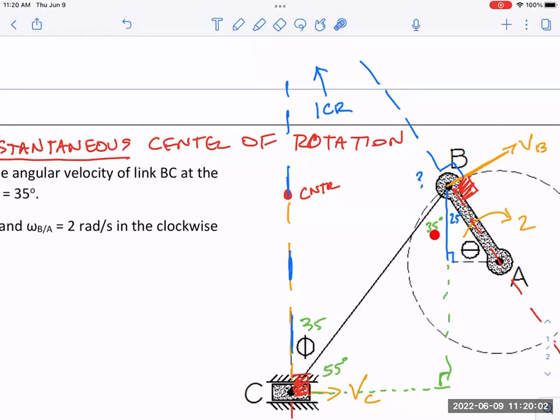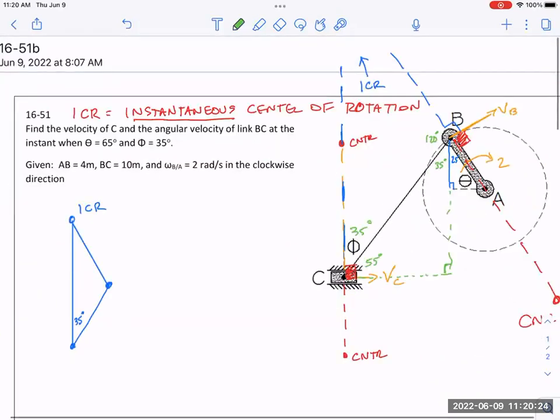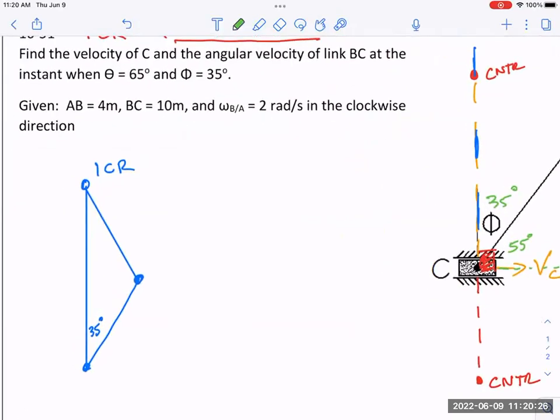So if I know 25 and 35, which is 60, then that leftover question mark must be the remaining 120 degrees. So actually, I know a couple angles in that triangle up there. And now that I know those two, I know them all, right? Because the angles in a triangle are 180. So I was able to figure out the angles in my cool triangle up there.